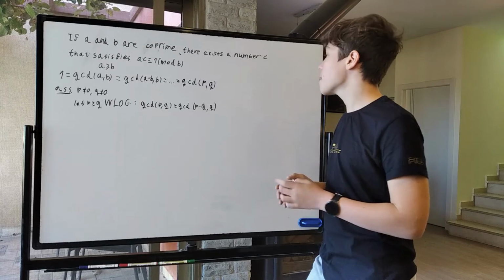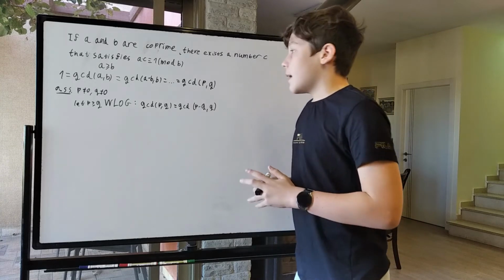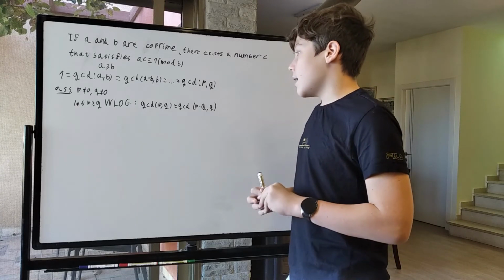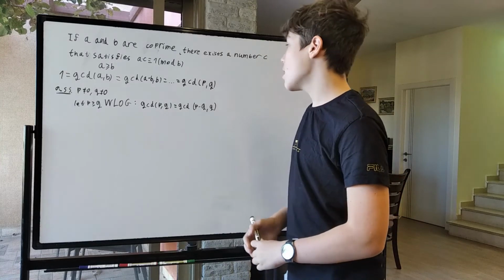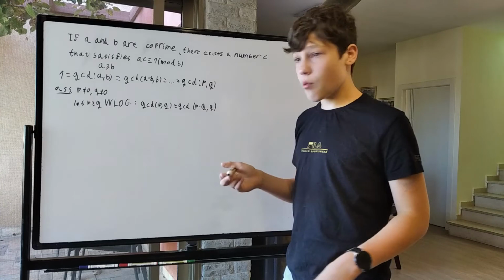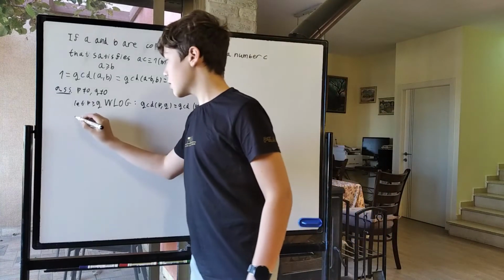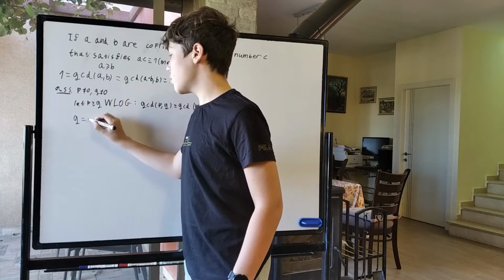Meaning that it is the case that P is equal to 0 or Q is equal to 0. Again, without loss of generality, let's say Q is equal to 0.